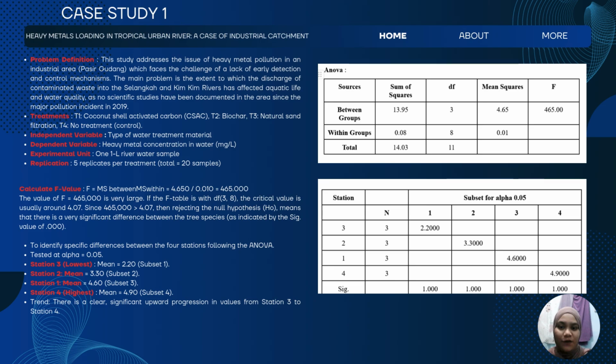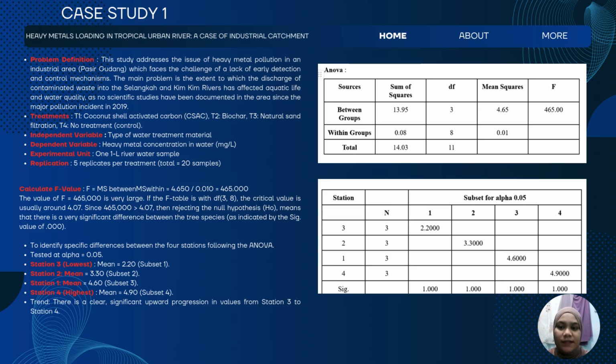Since 465,000 is greater than 4.07, we reject the null hypothesis H0, which means that there is a very significant difference between the groups, as indicated by the significance value of 0.000.